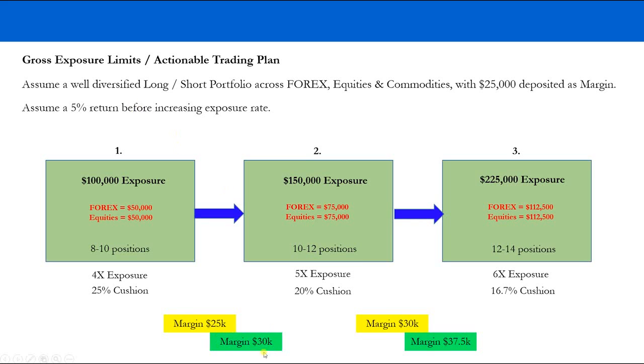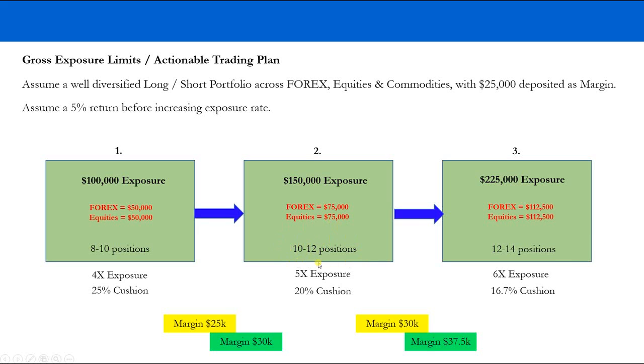And then when we have made 5%, we increase our exposure rate because our margin has now gone up to 30K. So we now increase our exposure to 5 times the 30K, which gives us $150,000 exposure, $75,000 exposure in Forex, $75,000 exposure in equities.